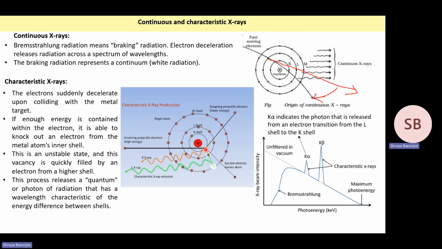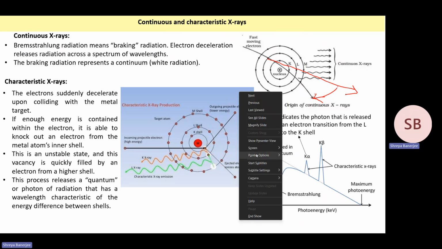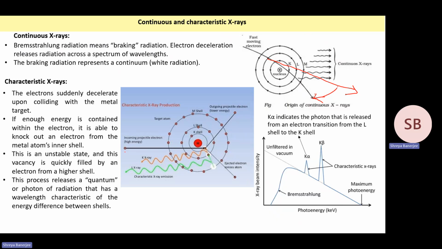You can see this electron from the anode is just knocked out, and the projectile electron is also deflected. So imagine this is electron 1, which is from the cathode. This is electron 2, that is the anode. Electron 2 is knocked out from the atom, and electron 1 also gets deflected out.